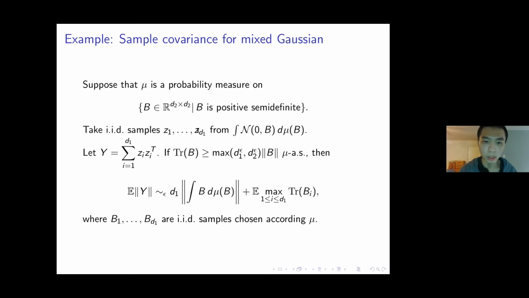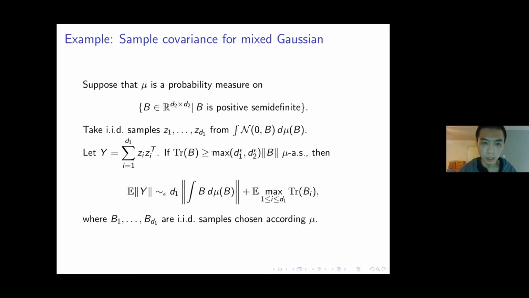So if we take IID samples, then, well, this is the covariance matrix. If we divide by d1, then of course from what we had for independent rows, we get an estimate for the expected spectral norm of the sample covariance matrix. That's this formula.